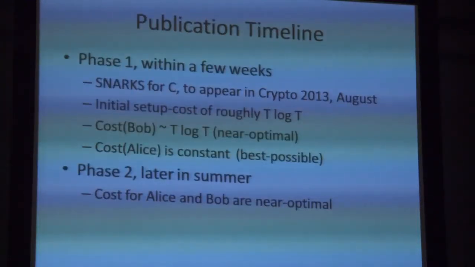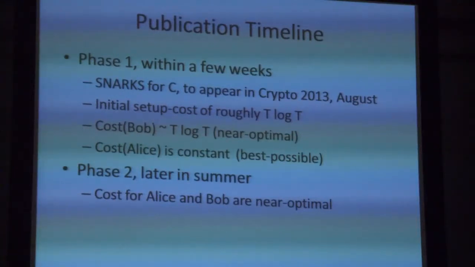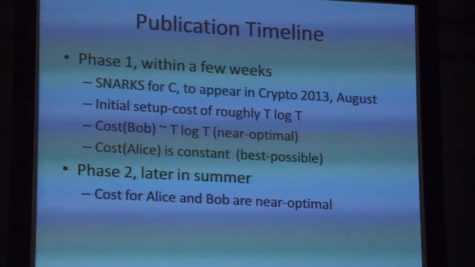So in terms of things to look for in the Bitcoin world, if you want to try and play with this, phase one, which I'll describe soon, is going to appear within a few weeks. We have a hard deadline of presenting it at the conference on cryptography that's going to be in Santa Barbara in August. You're all welcome to come and see it. And we'll put things online hopefully much before that. So by the end of August there'll be some documents and some source code to look at.